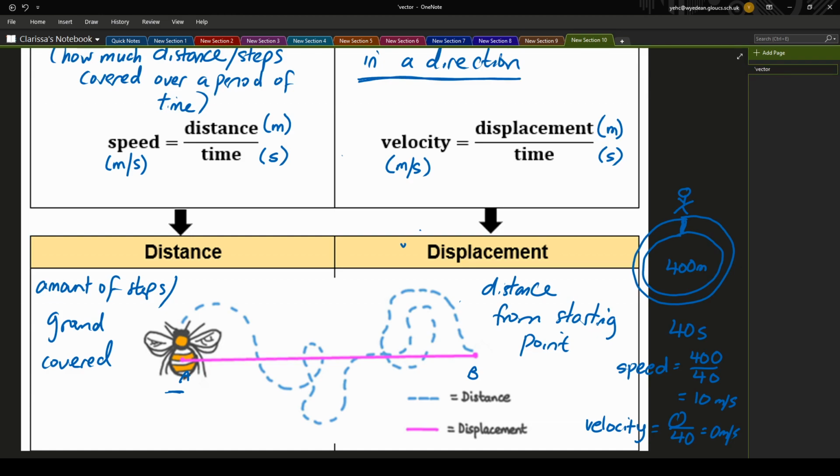So even though speed and velocity are almost used interchangeably, there is that small difference. Velocity is a vector quantity, so we care about the direction, and we measure the overall direction traveled as well. If you haven't moved from your starting point, you haven't overall traveled in any particular direction. So your displacement is 0 and your velocity is also 0.